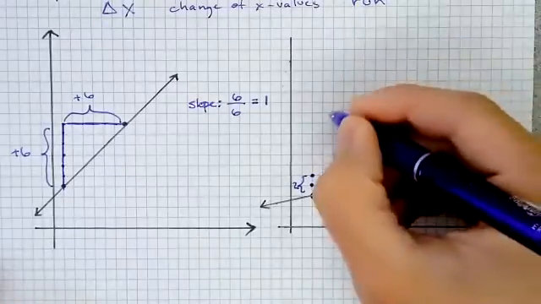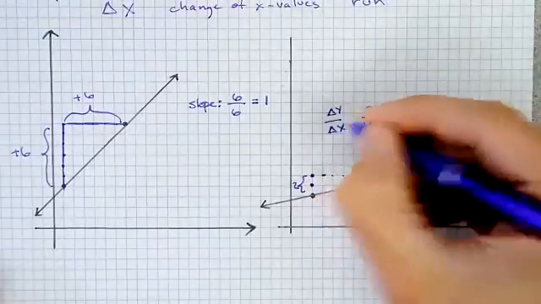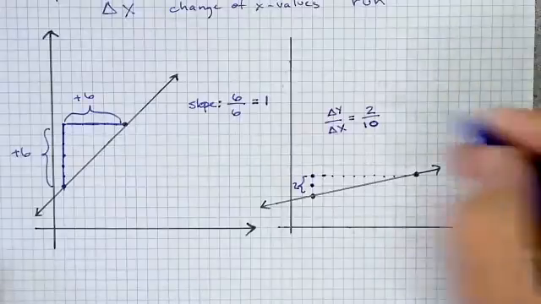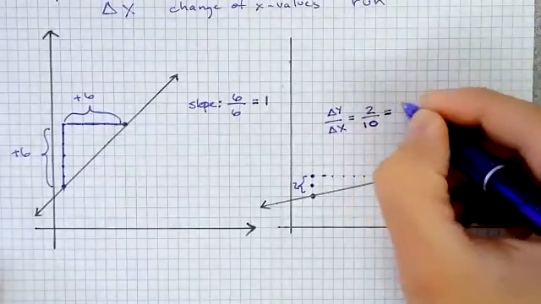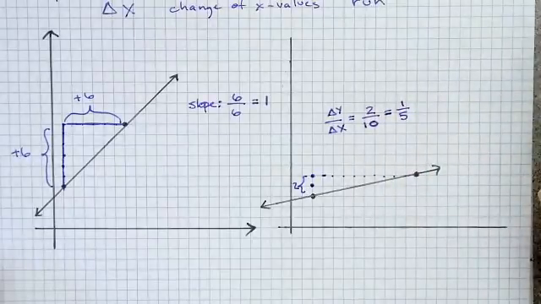So again, this is my change in y values divided by my change in x values. It gives me 2 over 10, which can reduce down to just 1/5.